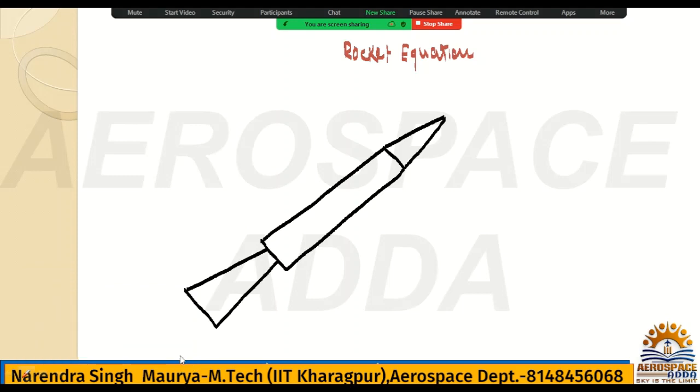The final result is very important because with the help of that only it is possible to get the change in velocity and all. This is the axis, horizontal and vertical axis.